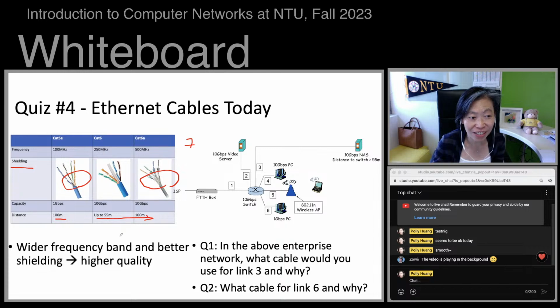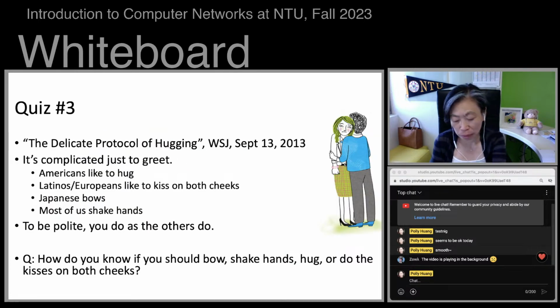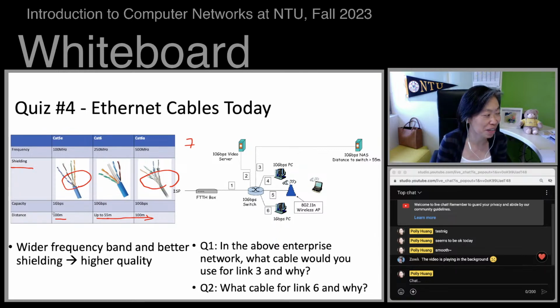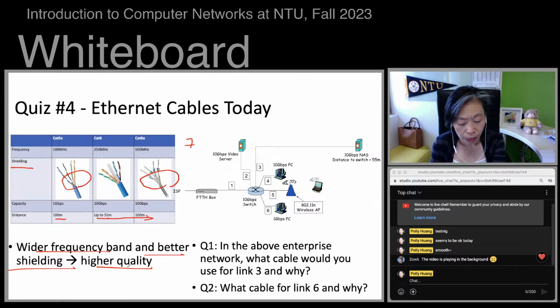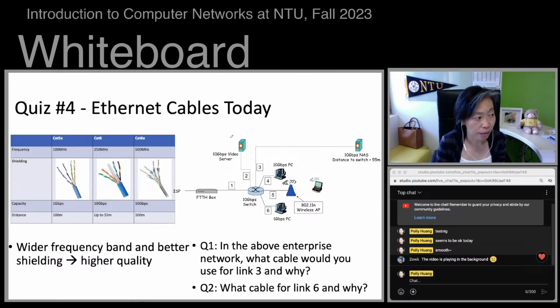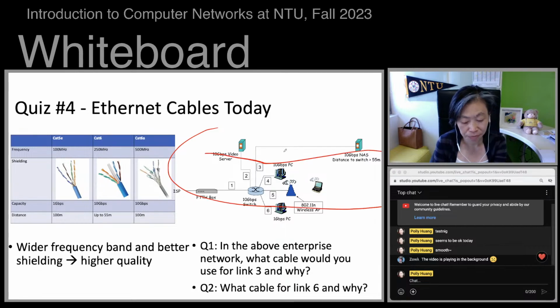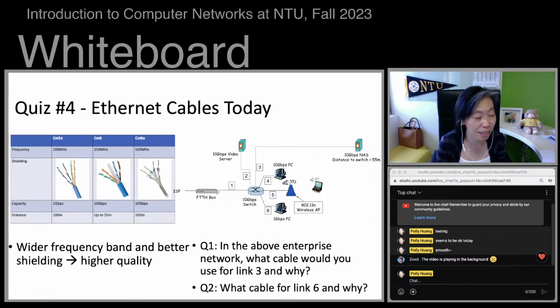Wow, cool. So, to summarize, that was quiz 3. To summarize, you see, wider frequency and better shielding give you higher quality transmission. Okay. And quiz 4 is asking this. What you're seeing here is a network. Okay, quite complicated.